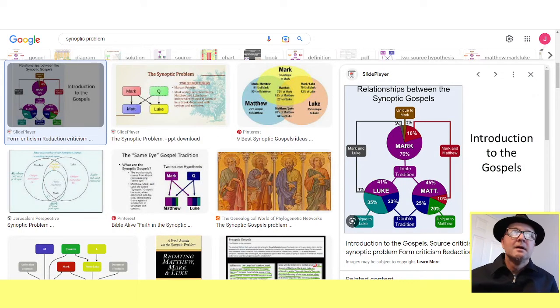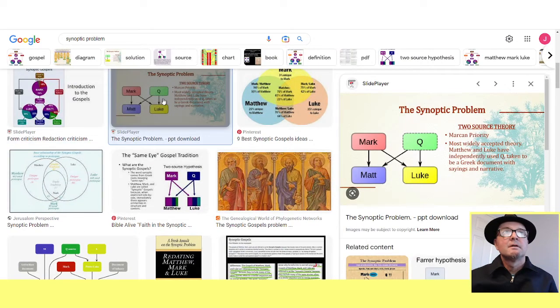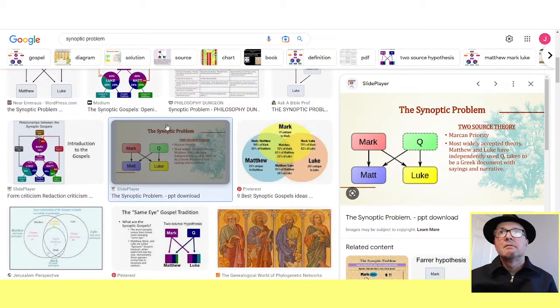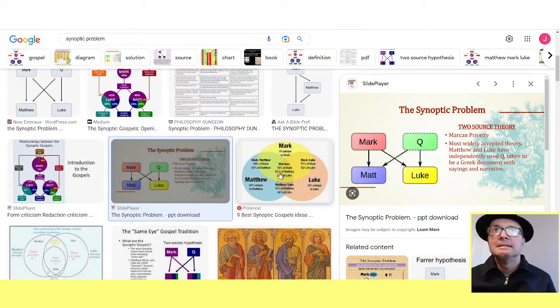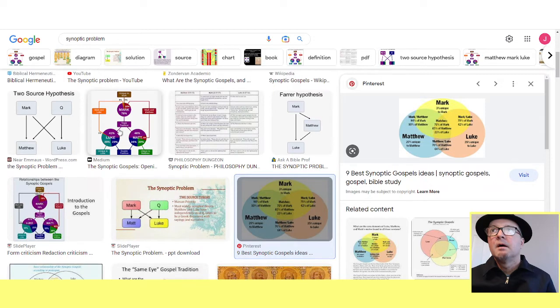Now let's take a look at some of the various graphs about the synoptic problem. There's a lot to go over. Many different graphical representations of the problem.